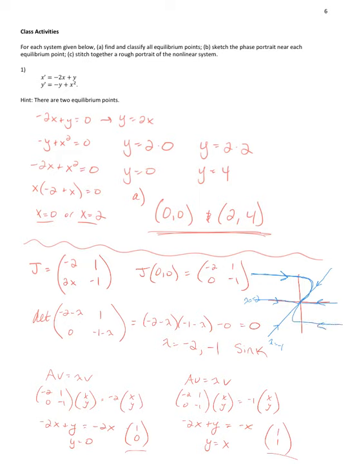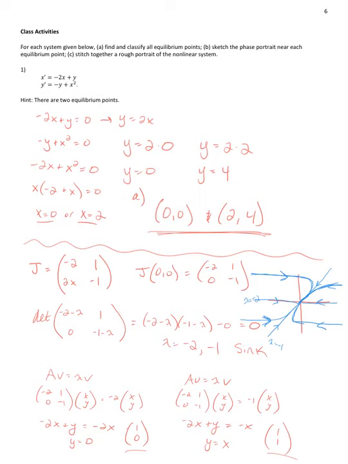And then same thing in between here. That looks weird. Okay, I think it just doesn't bend that much. It just kind of goes like that. So there's my sink at (0, 0).